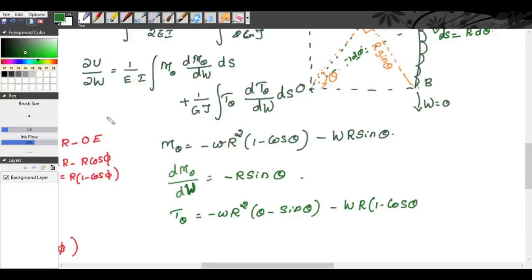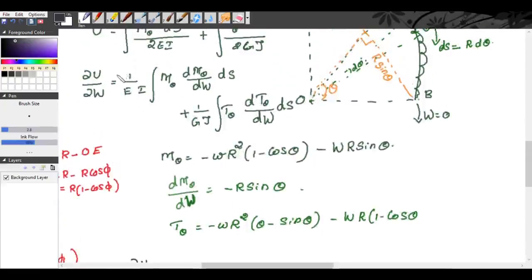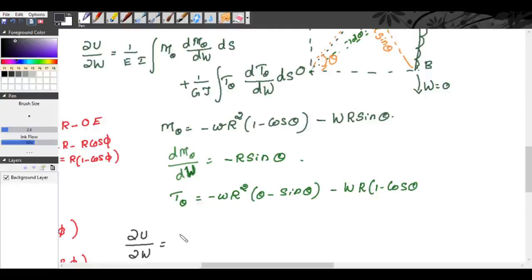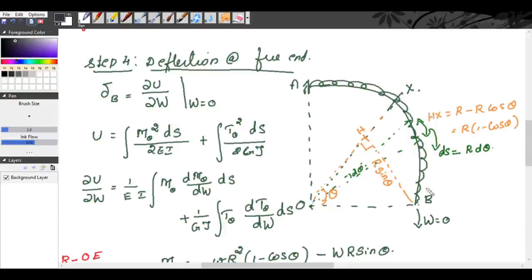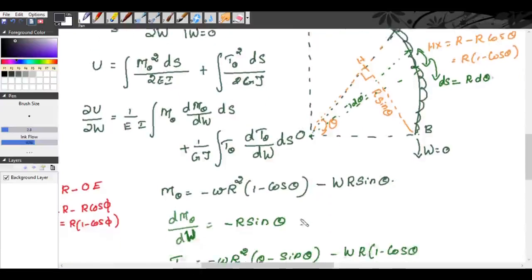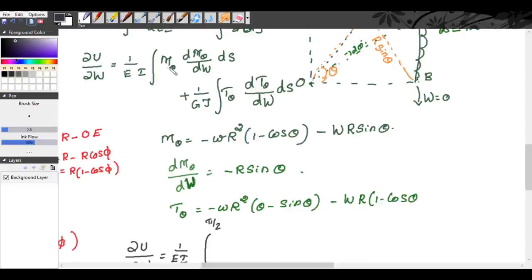Dou u by dou W is equal to 1 by EI into integration from 0 to pi by 2, from B to A, of M theta.